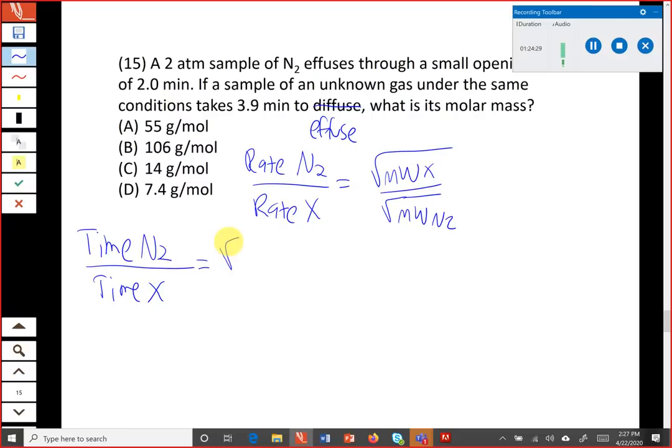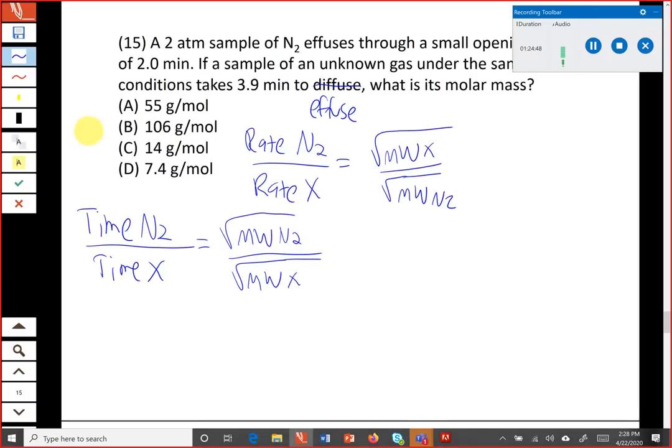That means the time is directly proportional to the square root of the molar masses. So if we're writing N2 over X on one side, on the other side we also have N2 over X. There are two different forms of the equation depending on whether you're dealing with the amount of time or the rate of effusion and diffusion.